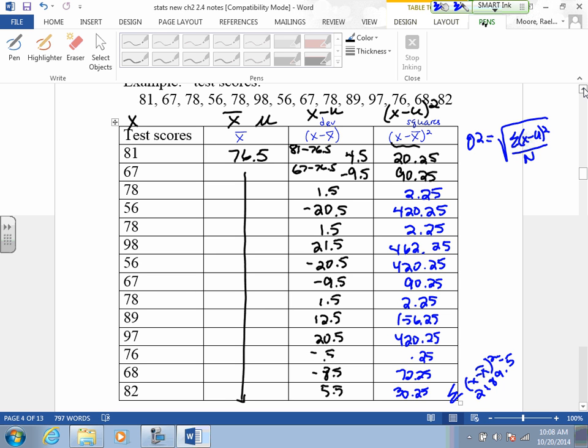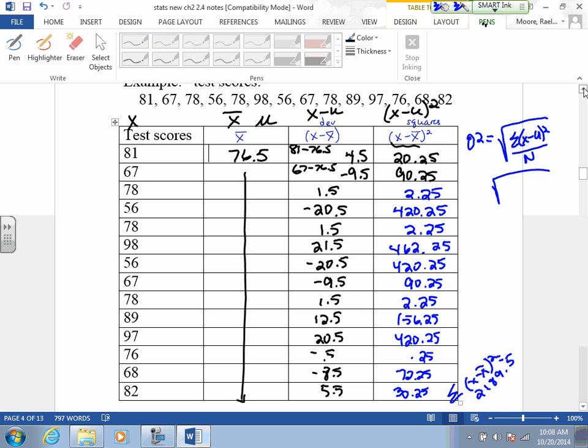X minus the mu, because we're dealing with population. Remember, we said up to this point, Damani, it didn't really matter if we were talking sample or population. The process is exactly the same. So say this is your population of 14 test scores. There were no more. It was my whole class, 14. So that's my population.